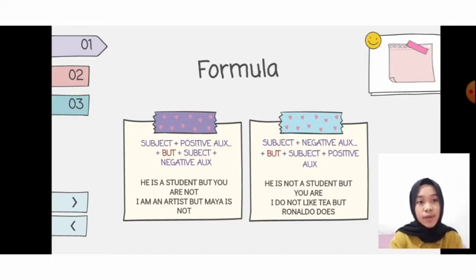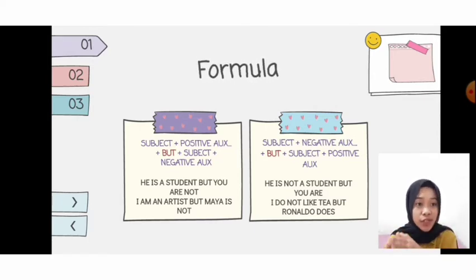Then the second formula is subject plus negative auxiliary plus but plus subject plus positive auxiliary. If the first sentence has a negative context, then it must be followed by a positive context.